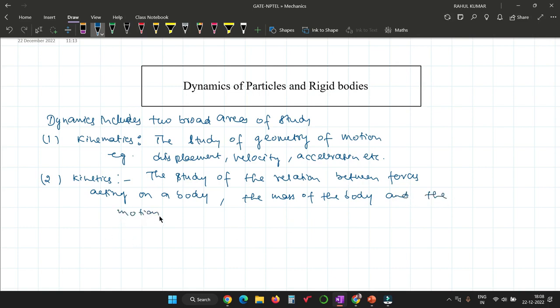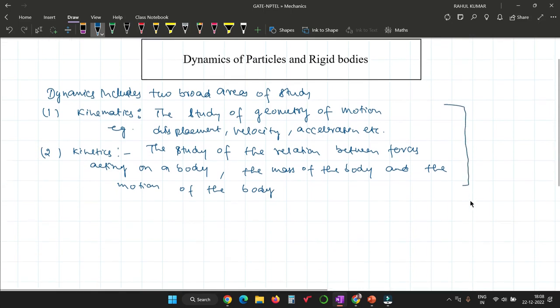Okay, the motion of the body. So this is called kinematics and kinetics.